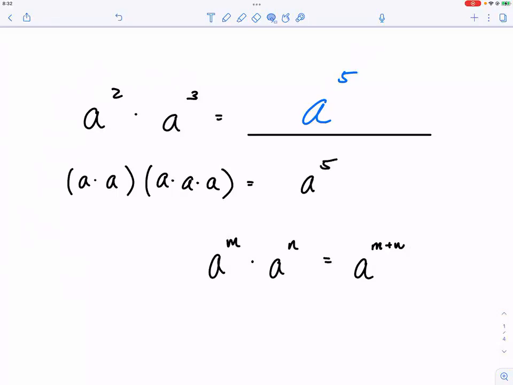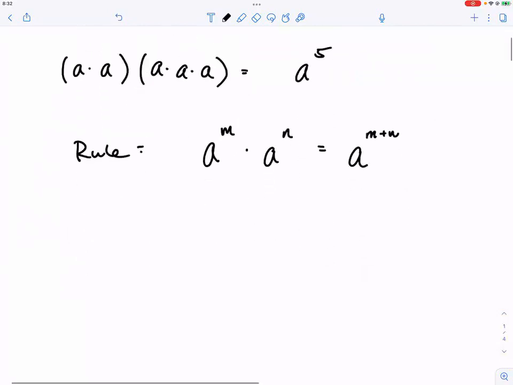Wait, hold on, I'm confused. You don't want to put yourself in that position. You want to make sure that you have a very strong justification to support yourself. So this is the rule. Be sure to ask yourself, when do you add exponents? Come up with a good example.